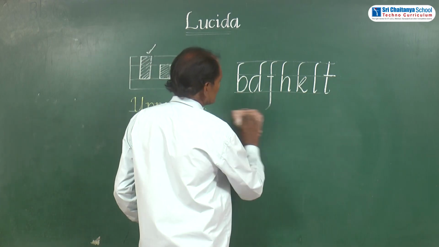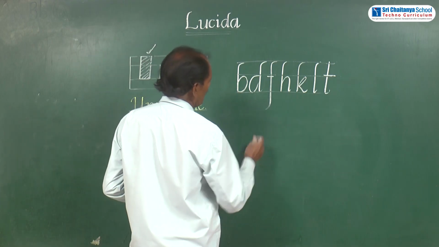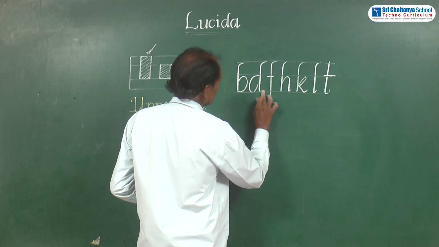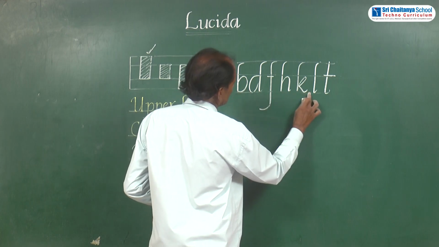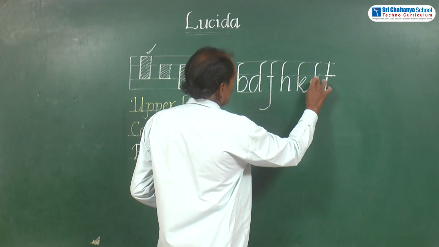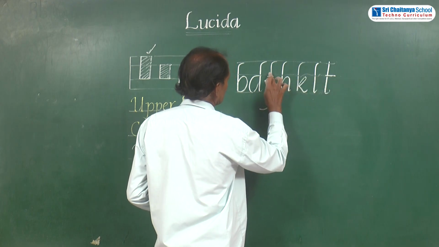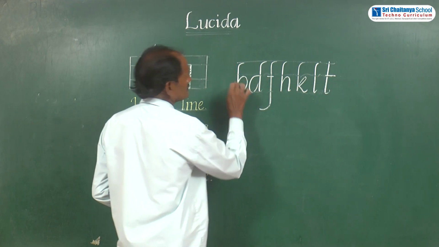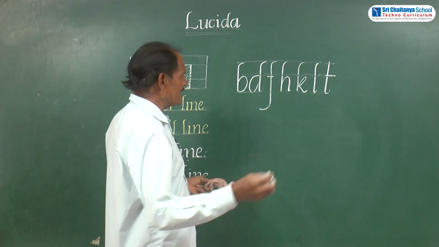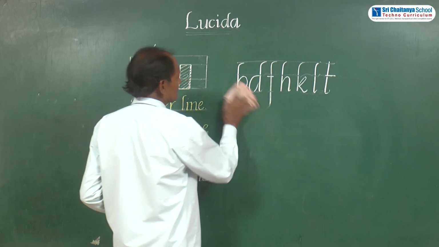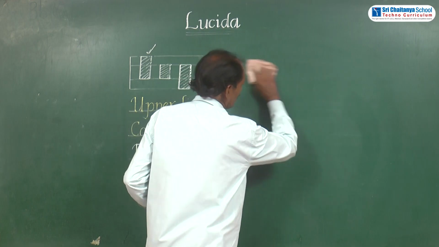Even on the plain surface, if we have written these letters, this will be possible after a clear practice. Okay? Again I am going to write these letters on plain surface. Just observe me how I am writing.